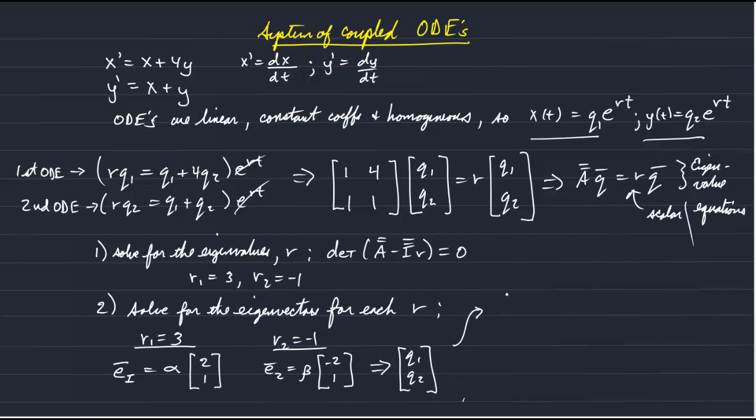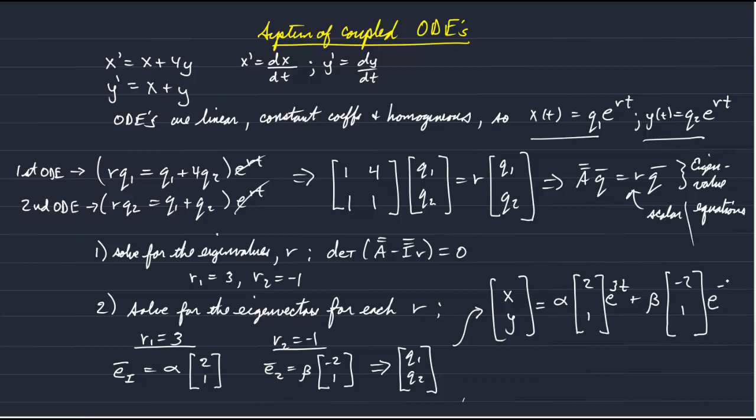So the solution becomes x and y is equal to q1 over q2 for the first eigenvalue, and that's alpha times [2, 1] e to the 3t, that was our first eigenvalue, and then we have q1 and q2 for our second eigenvalue, which is [-2, 1] e to the minus t power. And that's what the solution is in matrix form.